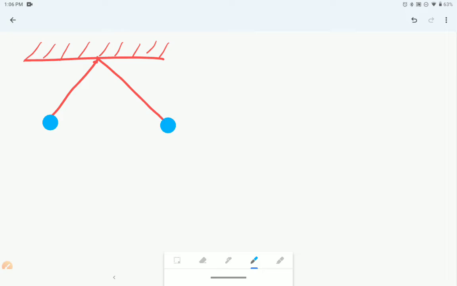Two balls were hung in this manner, the distance between them is given as r, and the height is y.